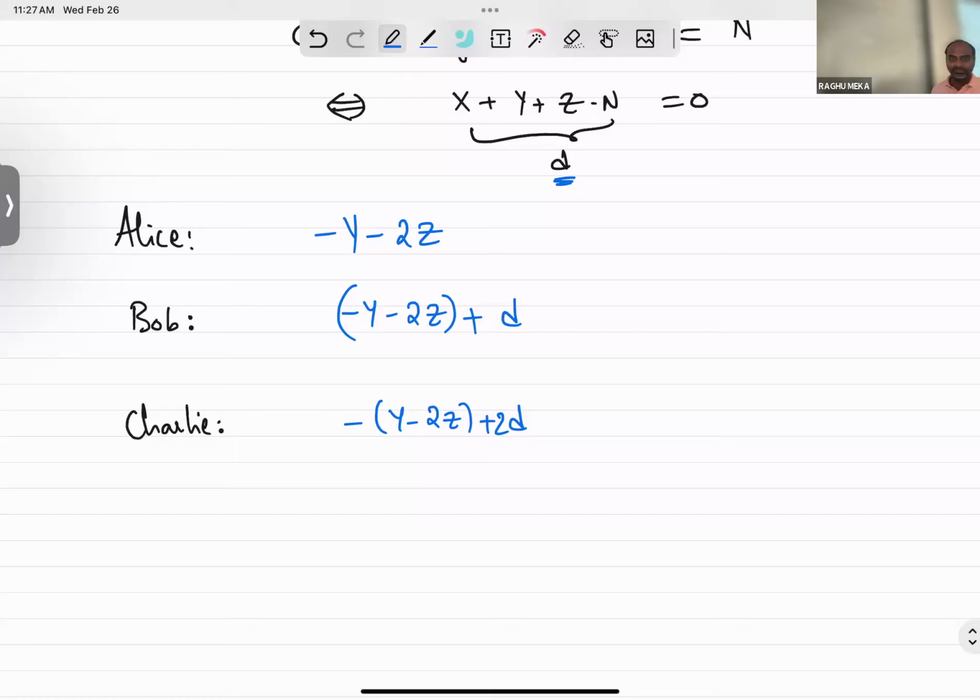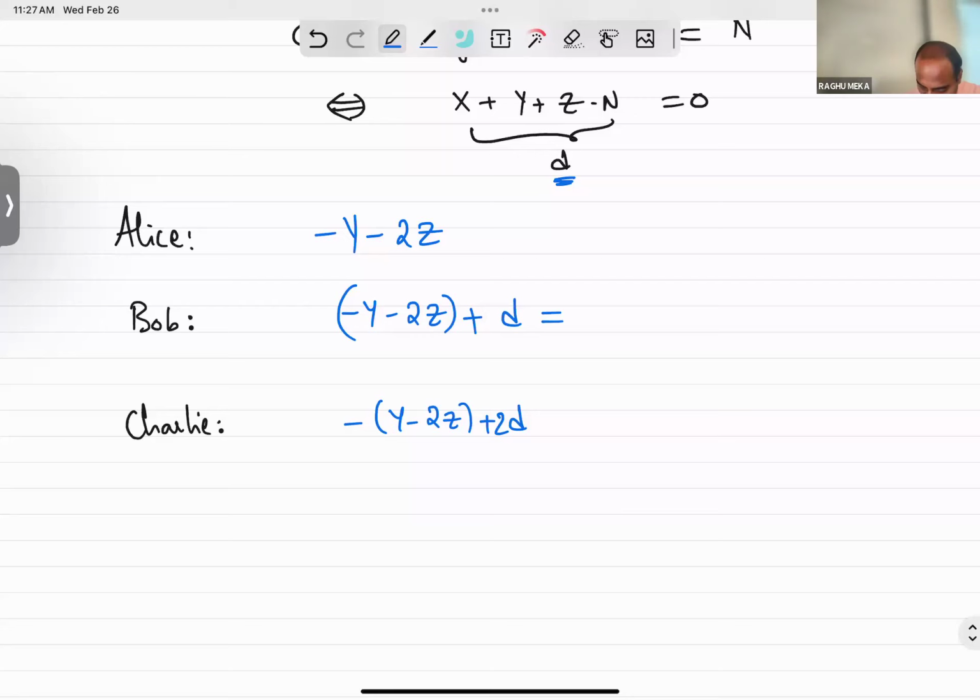But what is minus Y minus 2Z plus D? It's not important what it exactly is, but what does it depend on? Does it depend on Y? I have minus Y, but then I have X plus Y plus Z there, so Y gets canceled.